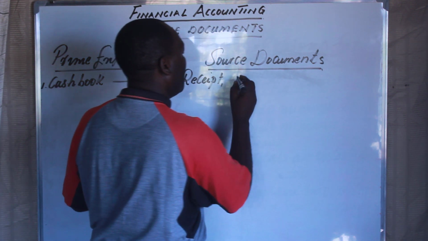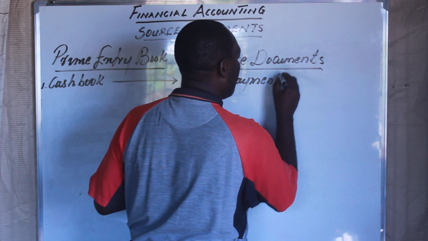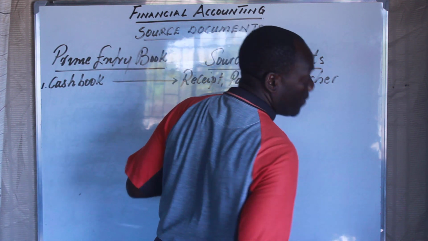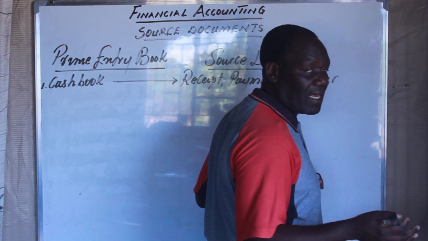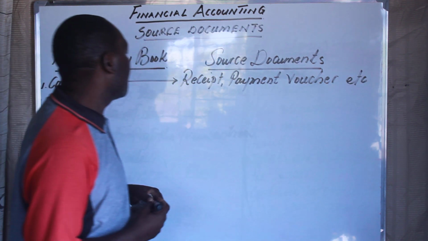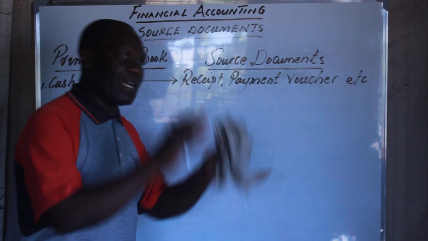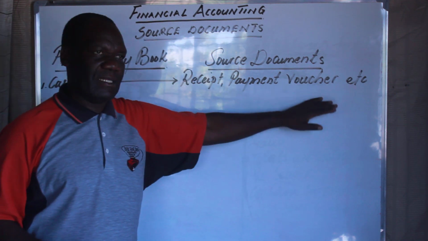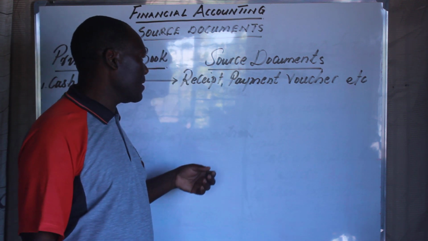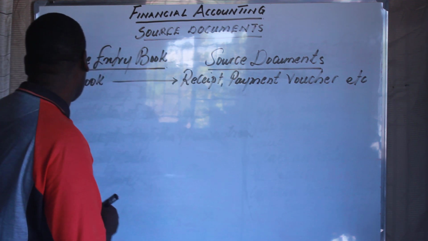Then we have also the payment voucher, etc. These are the source documents for the cash book, meaning whatever transaction that you enter in the cash book should have these. The receipt issued or received, the payment voucher supporting the transaction.